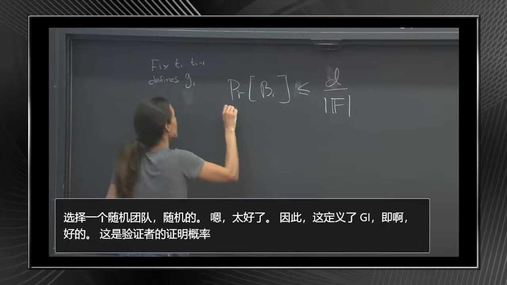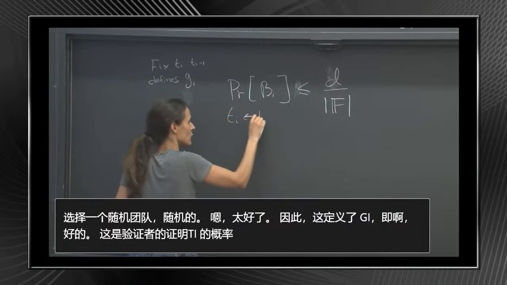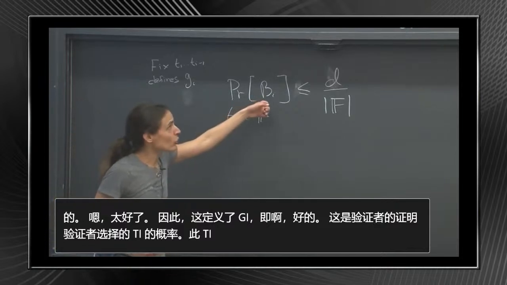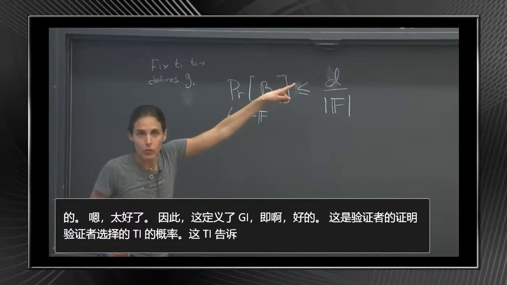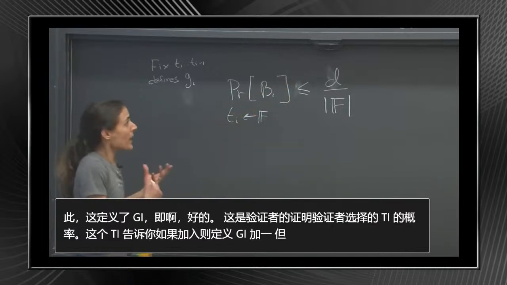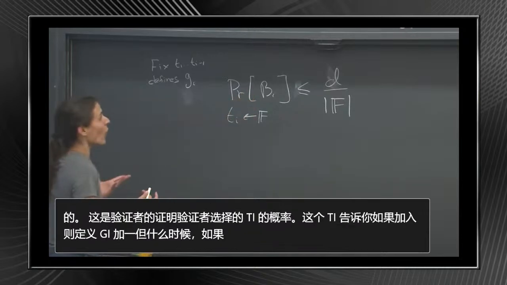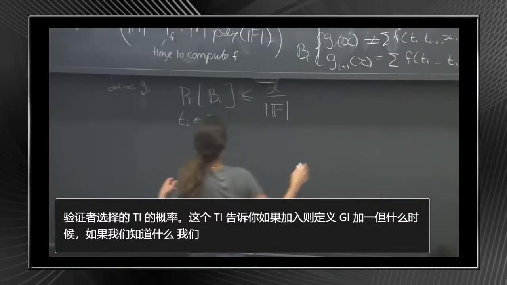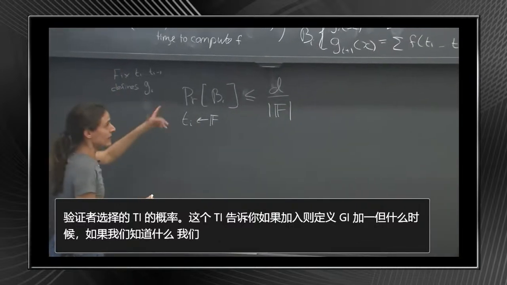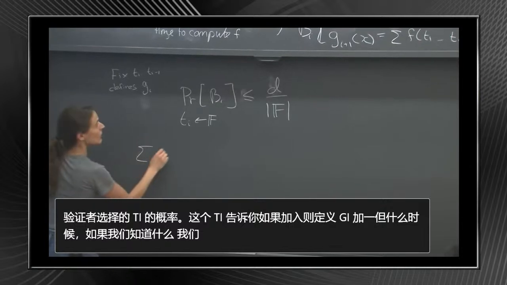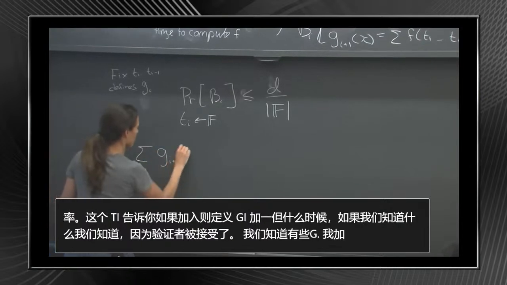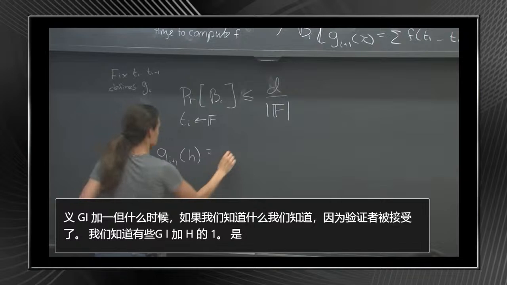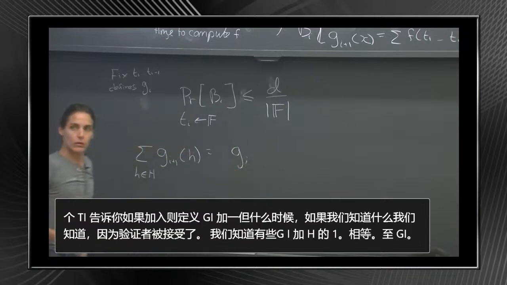The probability over t_i that the verifier chooses this t_i tells you whether G_{i+1} is true. We know that because the verifier accepted, the sum of G_{i+1} over h is equal to G_i, which is the wrong polynomial.